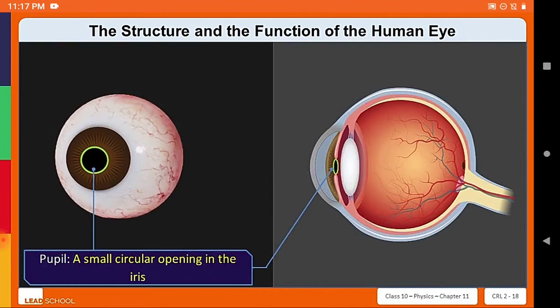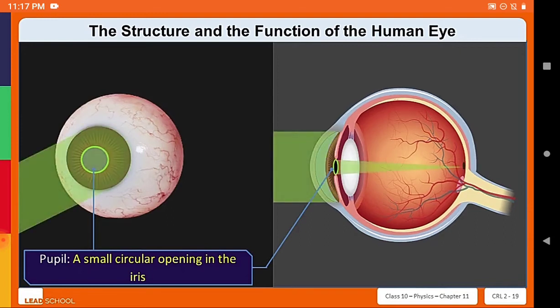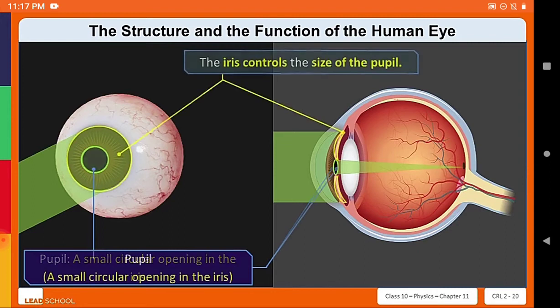The iris has a small circular opening in the center, which is called the pupil. The pupil allows the light to enter further inside the eye. The iris controls the size of the pupil, which helps in controlling the amount of light entering the eye.